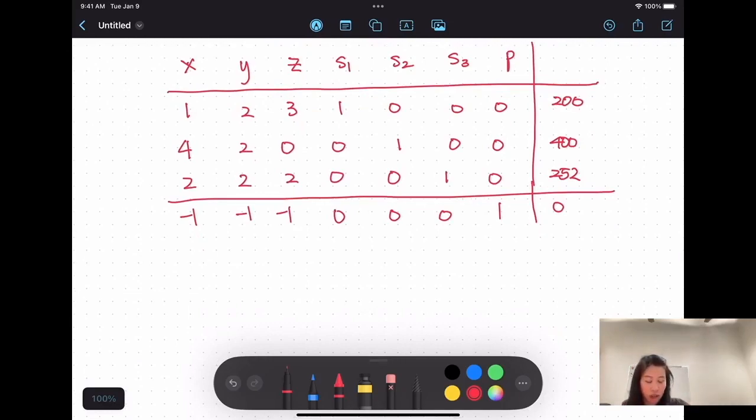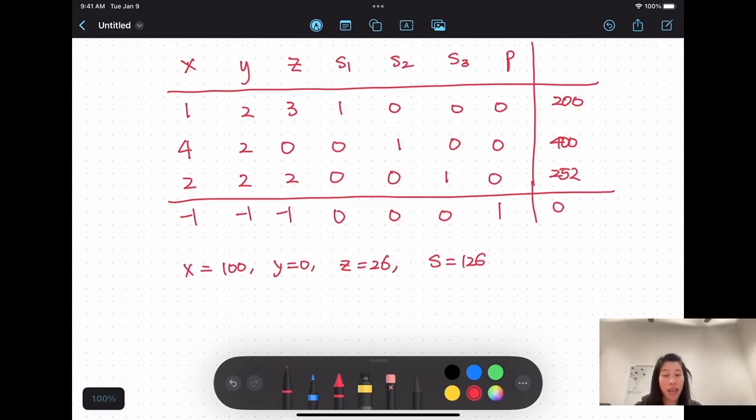So here's the answer. X is going to equal 100, Y equals 0, and Z equals 26. And the maximum number of sandwiches the company is going to bring is 126.